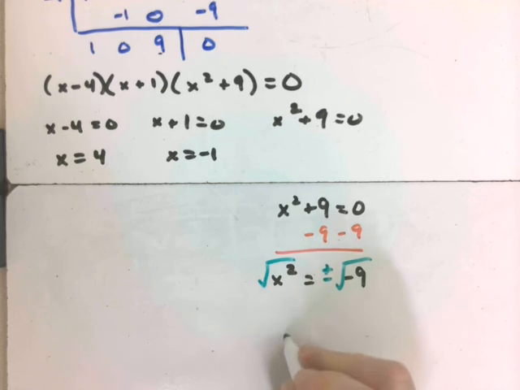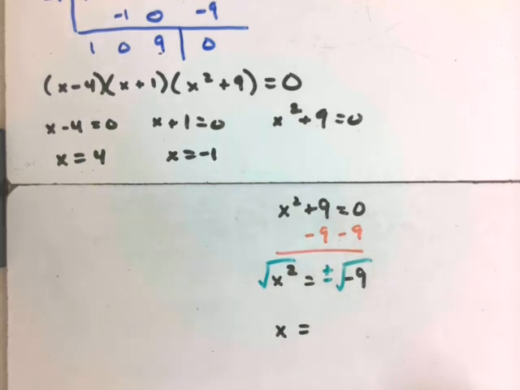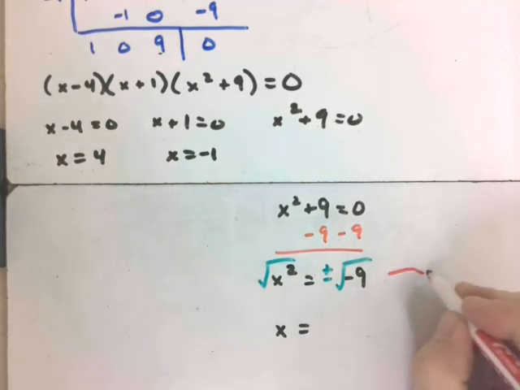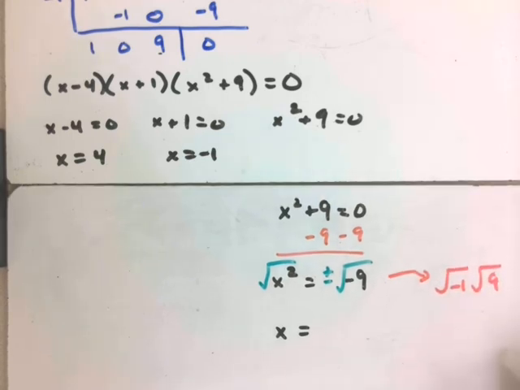The square root of x squared is just x, and we need to simplify the square root of -9. You'd want to break that down this way. You want to think of it like the square root of -1 and the square root of 9. The square root of -1 is i, and the square root of 9 is 3. So a 3i is what we would get if we simplify that down.